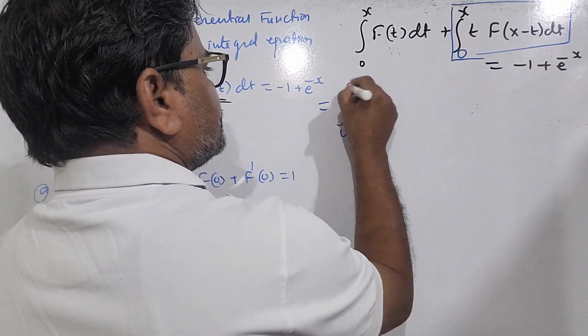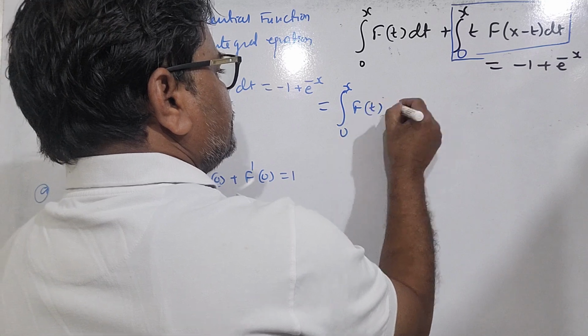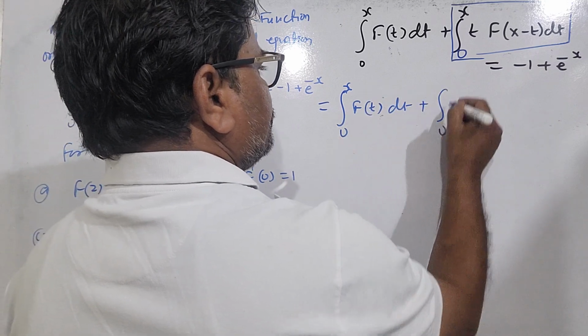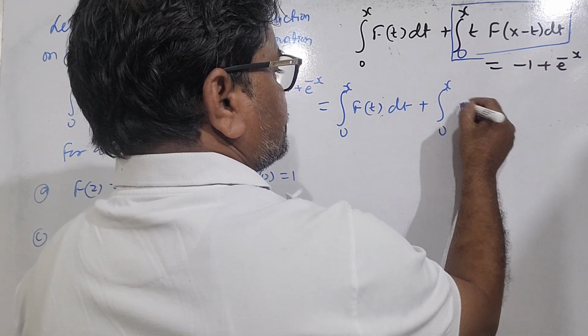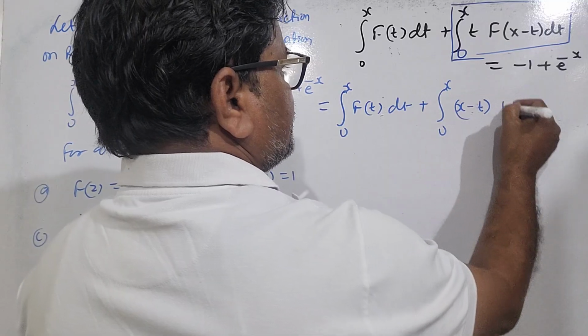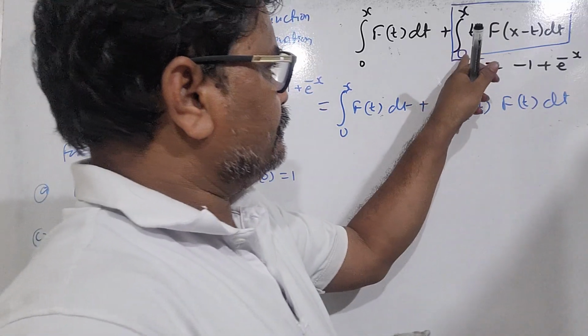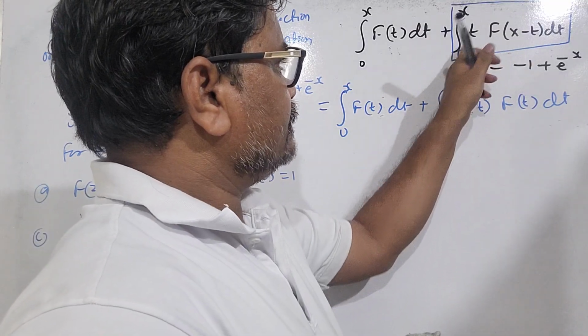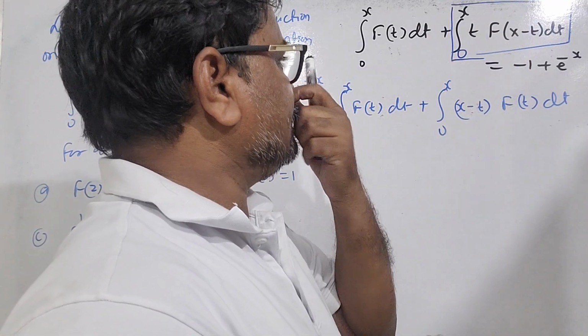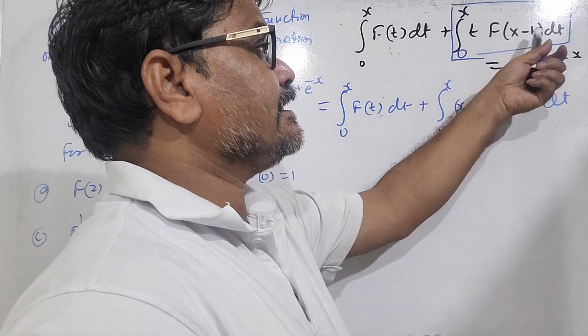This is the integral from 0 to x of f(t) dt, and this becomes the integral from 0 to x of (x minus t) times f(t) dt. So t is the variable over here, right?